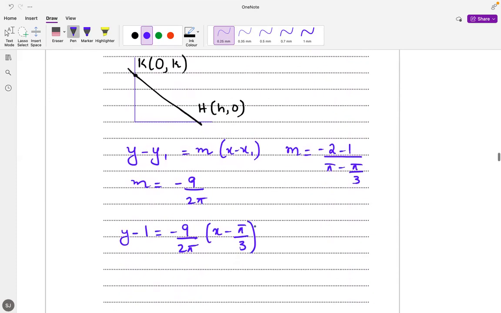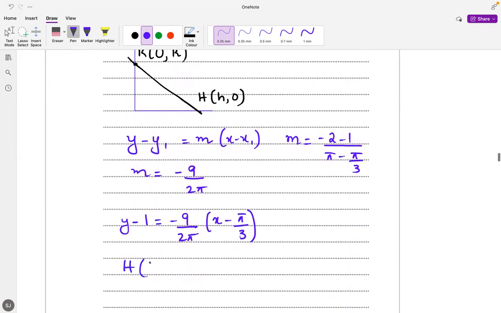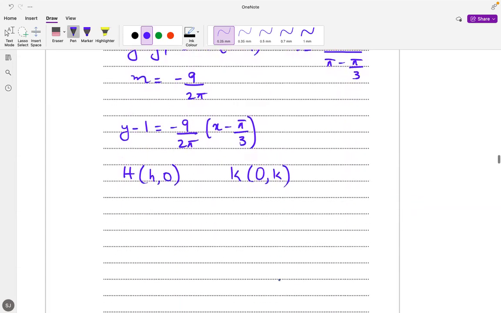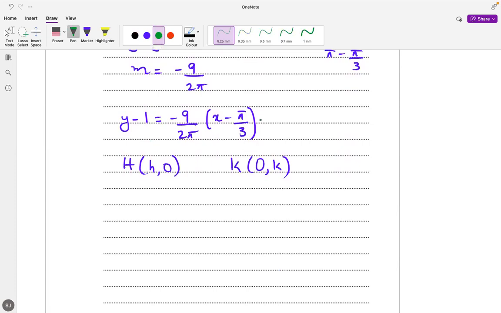Now we know that the point H is h comma 0, and the point K is 0 comma k. We have to show that h is 5 upon 9 pi. So in the same equation, we'll substitute y equals 0. So this will become 0 minus 1 equals minus 9 upon 2 pi times x minus pi upon 3. Simplifying this, we'll get minus 9x plus 9 pi upon 3, and the 2 pi will multiply with minus 1, so that will become minus 2 pi.